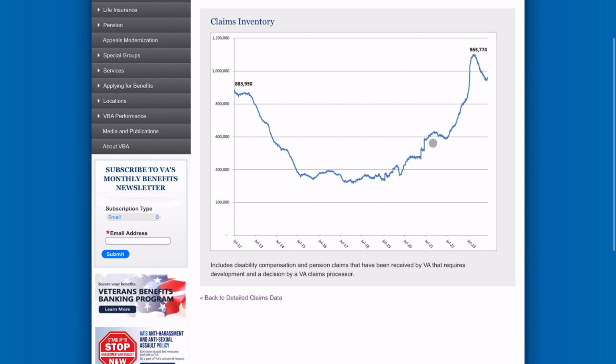And then we skyrocketed in 22. And a lot of the reason we skyrocketed was right here was because of the PACT Act, right? PACT Act brought in a lot more things and boom, we got major overloaded. I think we're about to start leveling back out, and I believe we're going to be under 800,000 probably in 2024, maybe early 2025, but we should be back down to the 800,000 or less.